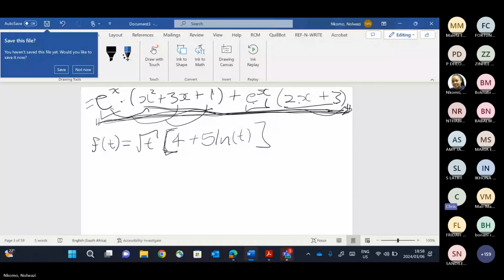My understanding is that you do your own notes as you are writing, and once you arrive at the answer and it's one of the options, you just select that. You don't need to simplify further because you have reached the answer. Unless you have not reached the answer, then you can simplify further until you get the answer. If you don't get the answer, that means you are possibly wrong.